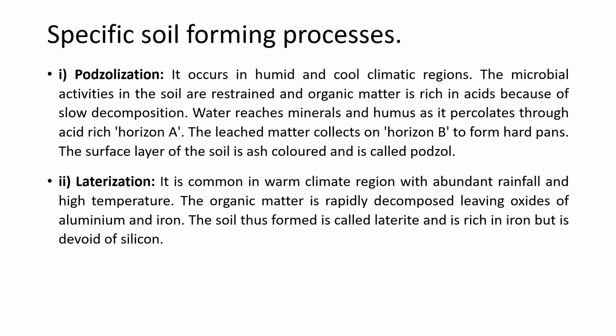Water reaches minerals and humus as it percolates to acid rich horizon A. The leached matter collects on horizon B from the soil profile to form hard pans. The surface layer of the soil is ash colored and it's called podzol.